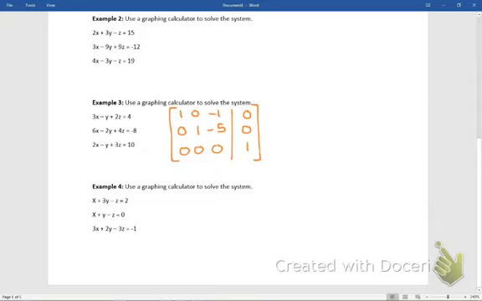And that looks different from what we got in example 2 and example 1. And the reason is because now they're telling us that, so this is what's happening. x minus z equals 0. That's that first line. They're telling us that y minus 5z equals 0.